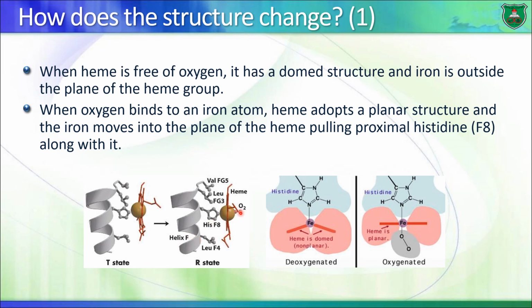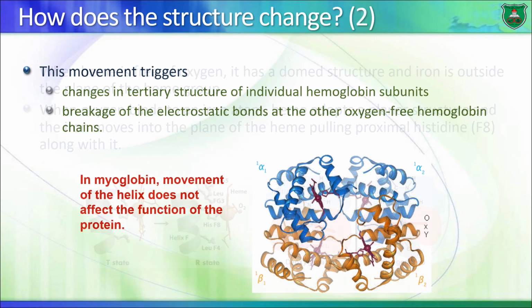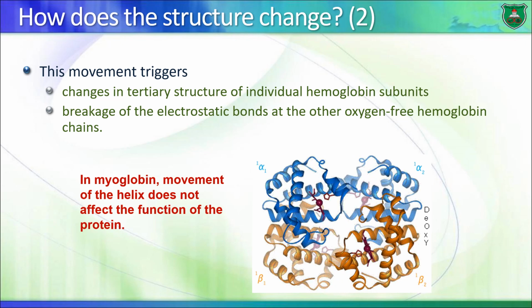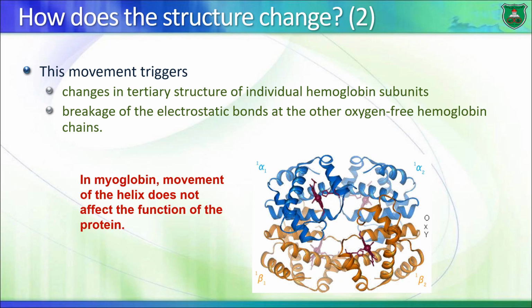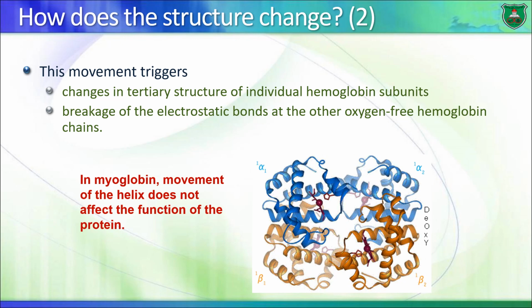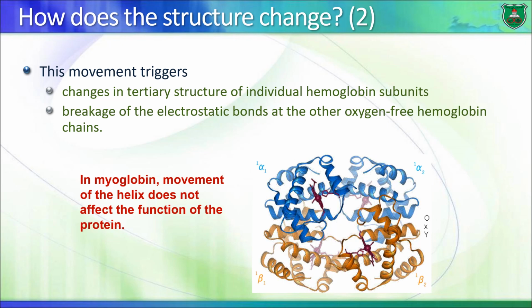So again, you see oxygen bound to iron. Now heme looks flatter. It doesn't have this bent structure anymore. And you have this histidine pulled further away from the helix. Now, what happens then is that you have everything changing. You have this movement of the helix, and this movement of the helix results in changing the tertiary structure of this polypeptide, and that changes the whole structure of the molecule.